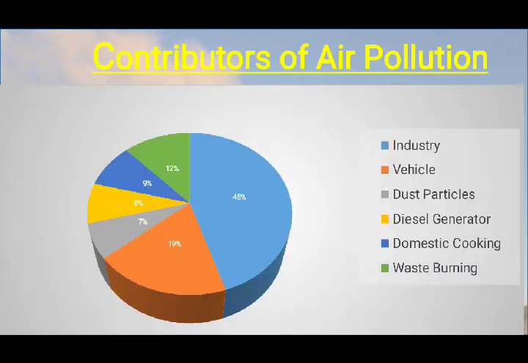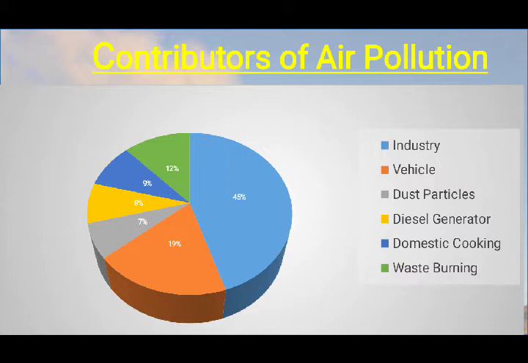So children, till now we have gone through what is air pollution, what are air pollutants, what are the causes and what are its effects. Now from this pie chart you can see which sector is contributing to air pollution and in what percentage. So we can see that the industries are the major contributors of air pollution.